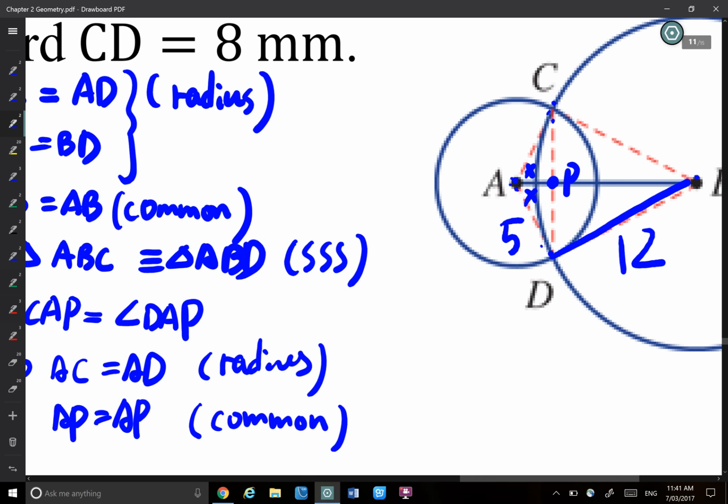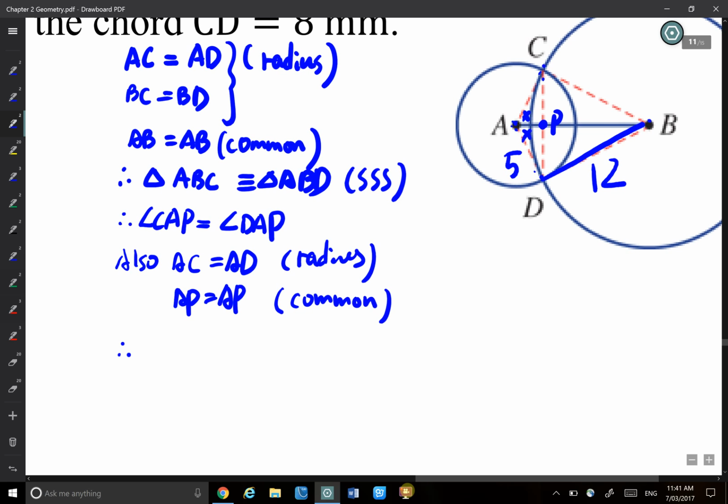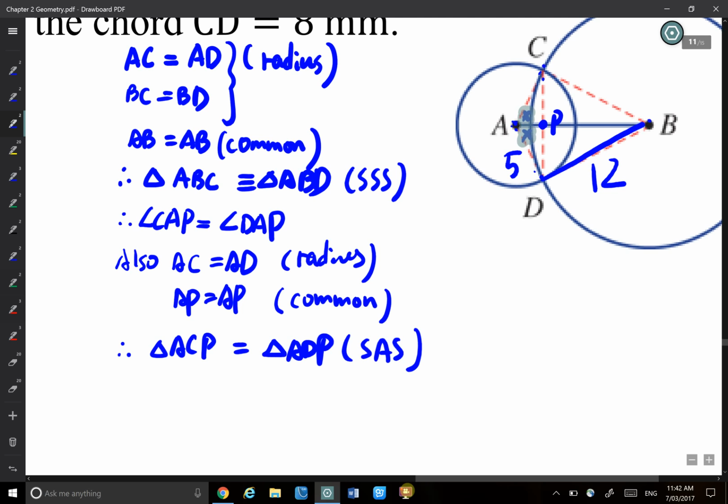And you have the included angle equal because of those two big triangles being congruent. So triangle ACP must equal triangle ADP by SAS. You have two sides and the included angle, so you have those two small triangles congruent.